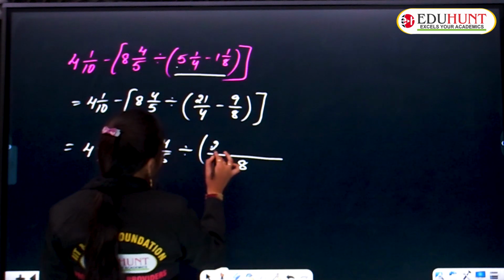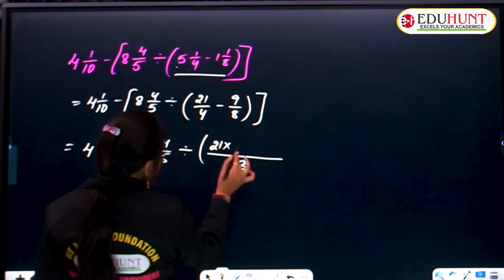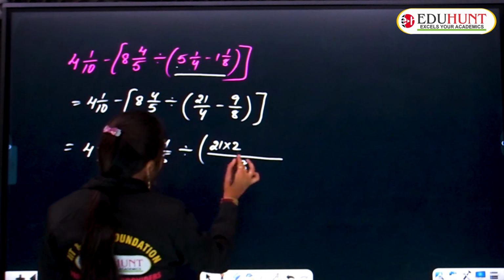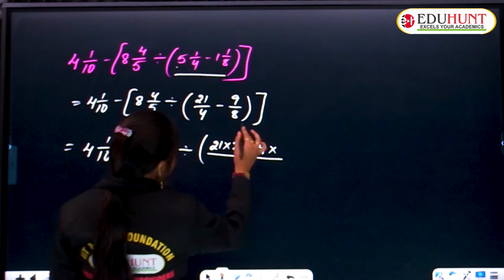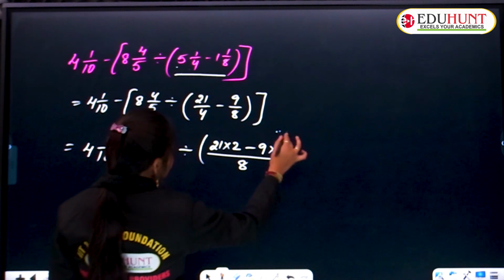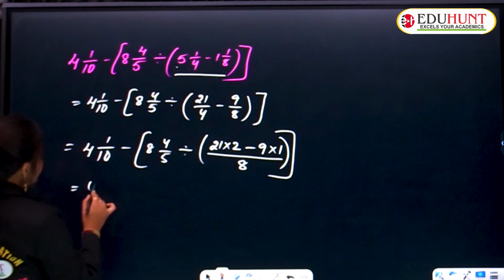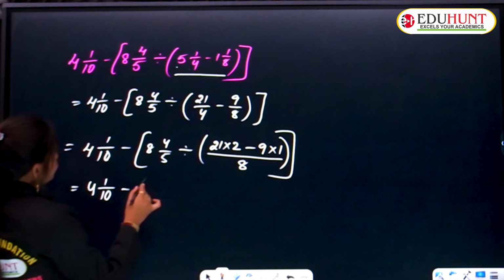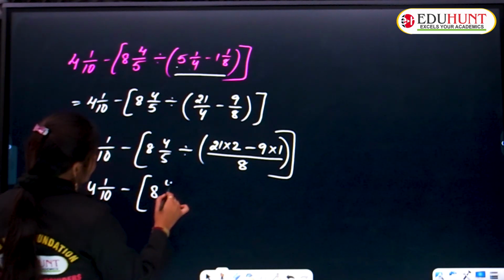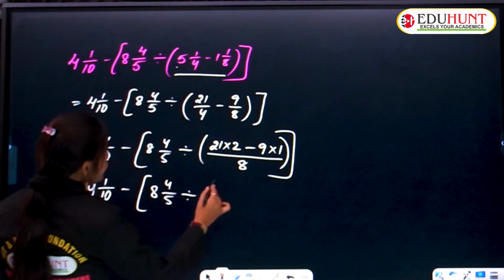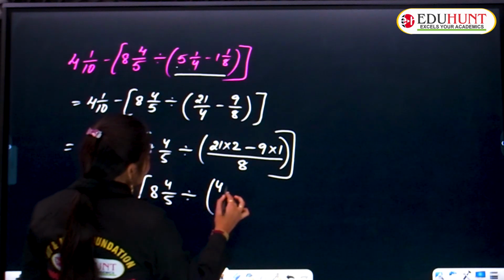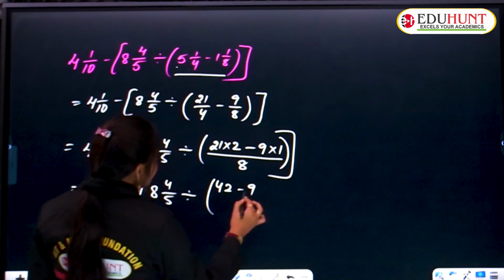Here 21 into 4 into how much equals 8? 4 2s are 8, so 21 times 2 is 42. Minus 9 into 8 into 1 equals 8, so 9. Brackets closed. So 42 minus 9 by 8.